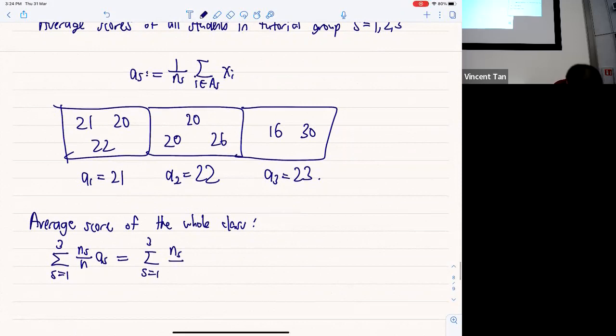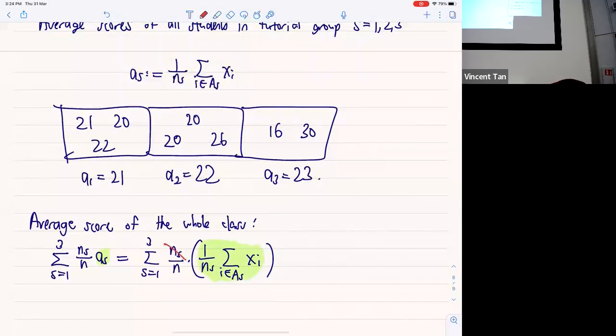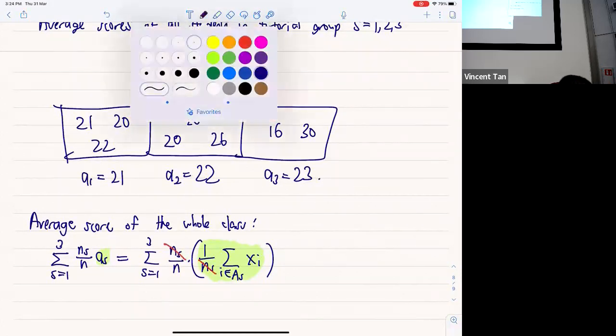times 1 over NS sum over i in AS of xi, because this is nothing but the definition of the average of the scores of the students in tutorial group S. Now you notice this will cancel with this, and you can bring the N outside.